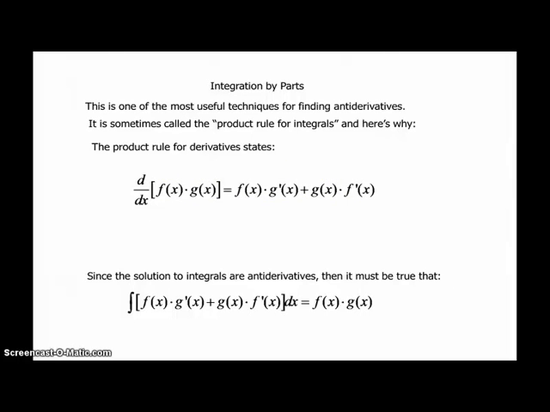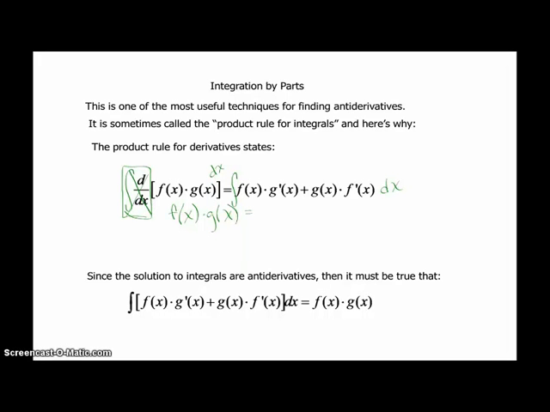So wouldn't it be true that if we integrated both sides of this equation with respect to x, then these two operations are inverse operations. They're going to undo each other, and they're going to map us back, in math speak, to where we started.